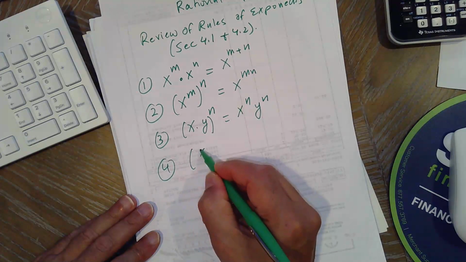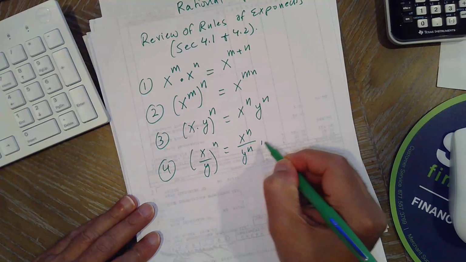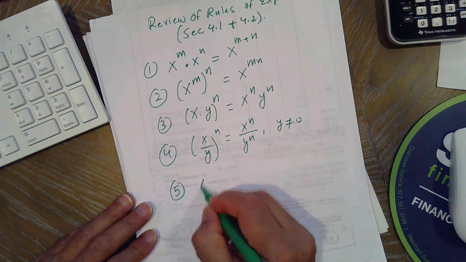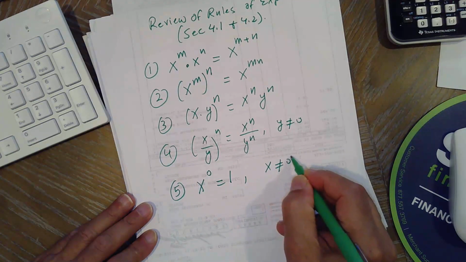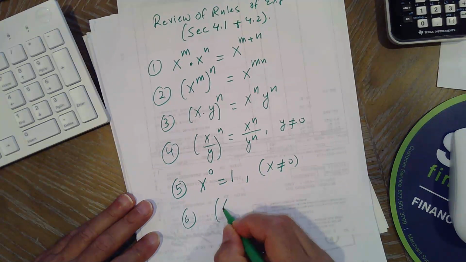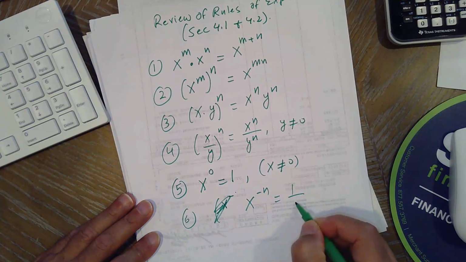Quotient to power rule, x over y to the n, x to the n over y to the n, as long as you don't divide by 0. Any base to a 0 power is 1, as long as the base itself is not 0.